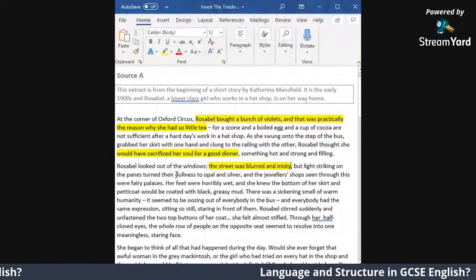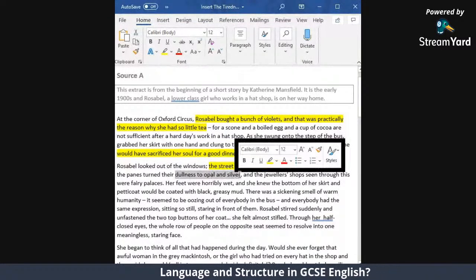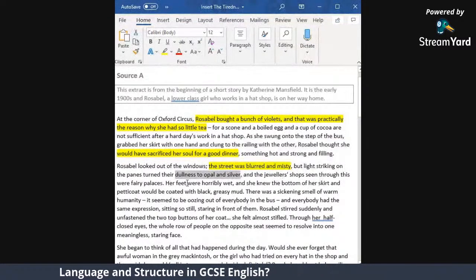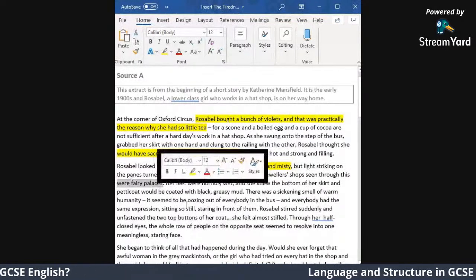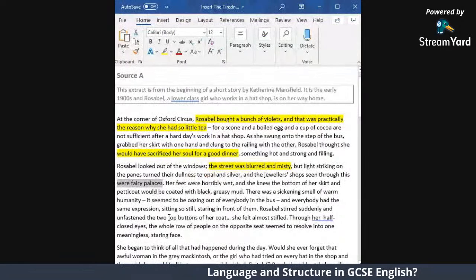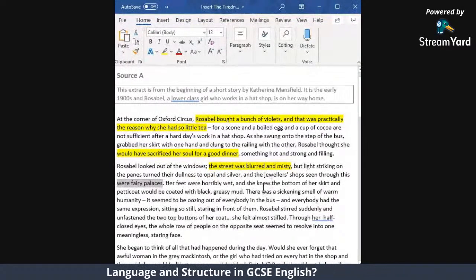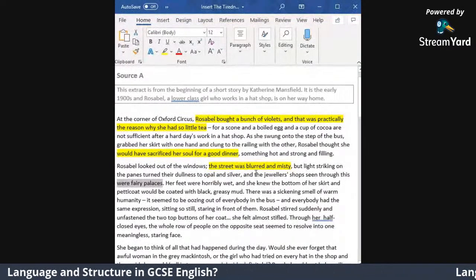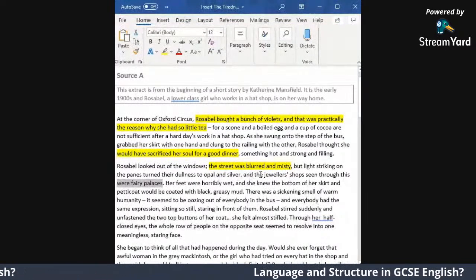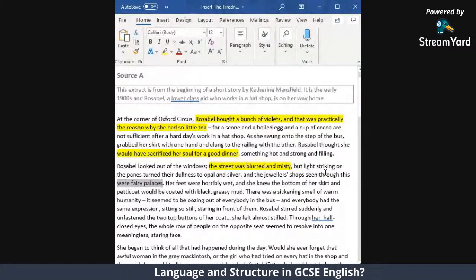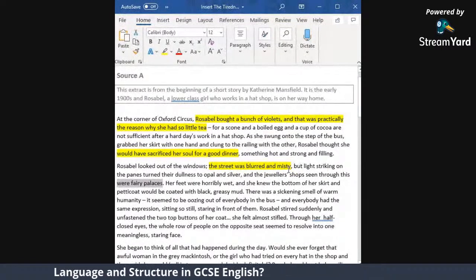Dullness, opal and silver, and the jeweller's shops were fairy palaces. Well, the jeweller's shops are not fairy palaces, so we've got metaphor. But the language that is used is building the mood and the tone. And what we get from this is that she's looking out of the window and possibly imagining a better life.